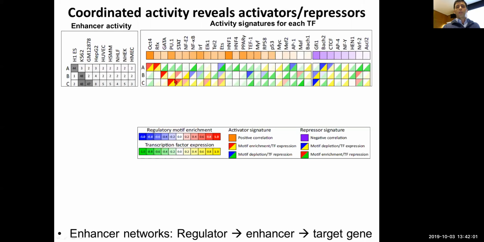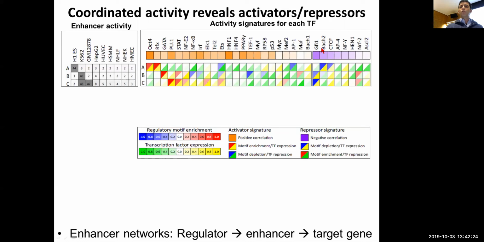Awesome. So now, using this, I can basically predict whether each regulator is an activator or a repressor. An activator basically has positive correlation and enriched motifs. A repressor has negative correlation and depleted motifs. Why depleted motifs?